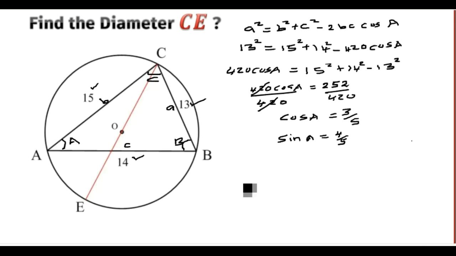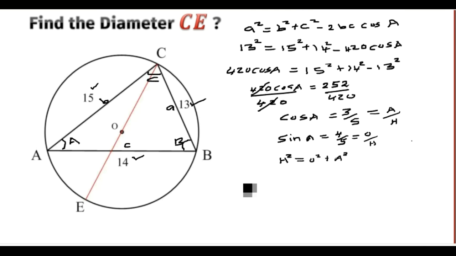Why? Because cos is always adjacent over hypotenuse, and sine is always opposite over hypotenuse, meaning our hypotenuse is 5 and adjacent is 3. So according to Pythagoras theorem, hypotenuse squared is opposite squared plus adjacent squared.